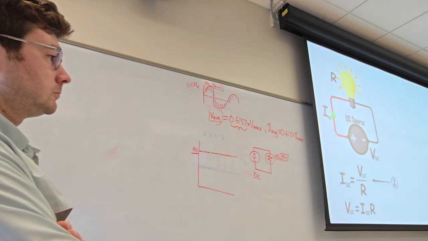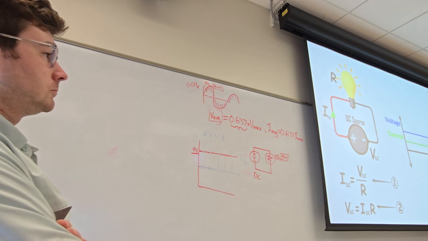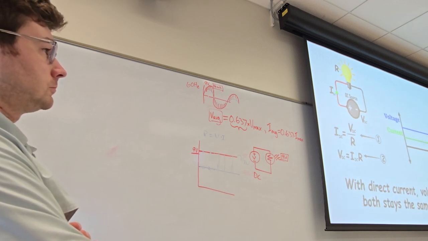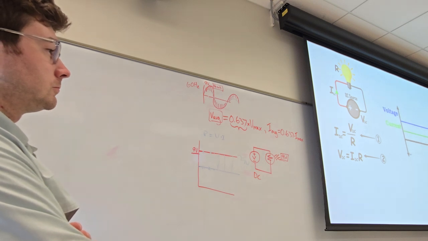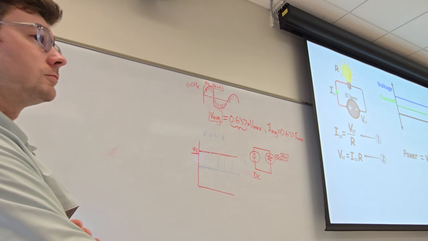Let's assign numbers to these two equations for reference. If we create a graph depicting both the voltage and current for the bulb, it will result in a straight line. You see, with direct current, both parameters remain constant throughout. Therefore, to determine the power consumption of the bulb, we simply multiply the voltage by the current.